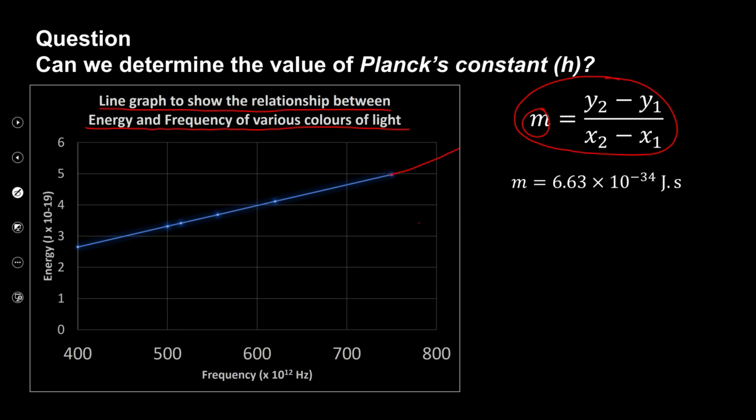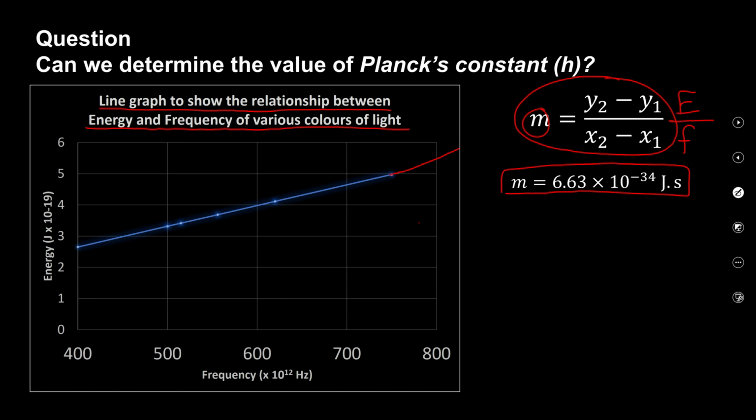And when we substitute our energy values at the top of the fraction, and we substitute our frequency values at the bottom of the fraction, and we get a change for each, the gradient comes out as 6.63 times 10 to the minus 34, and the units are joule seconds.